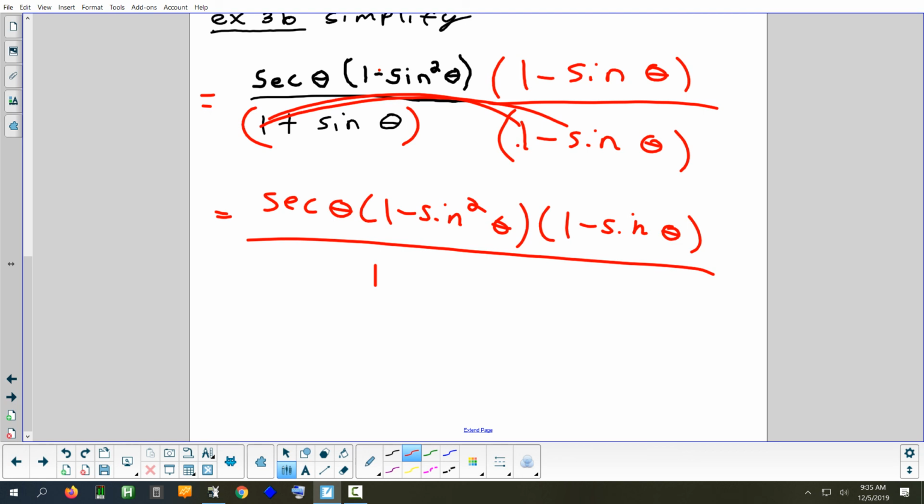Negative sine. 1 times positive sine? Sine. So those are going to cancel. I'm not even going to write it. Negative sine, positive sine. That's 0. Now do the last part. A positive times a negative is a negative. What's sine times sine? Sine squared. Okay, now what happens?